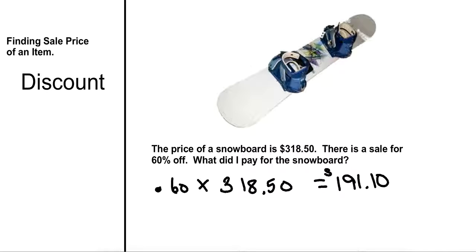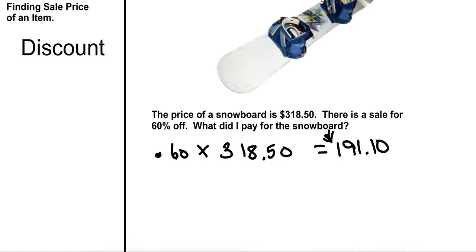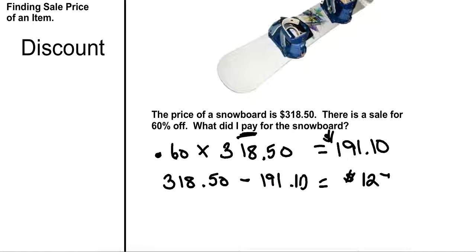I am saving today $191.10. That's what I'm saving. So now I need to figure out what I paid for the snowboard. So if I'm saving 191, I need to take 318.50 minus my 191.10, and I am only paying today $127.40.